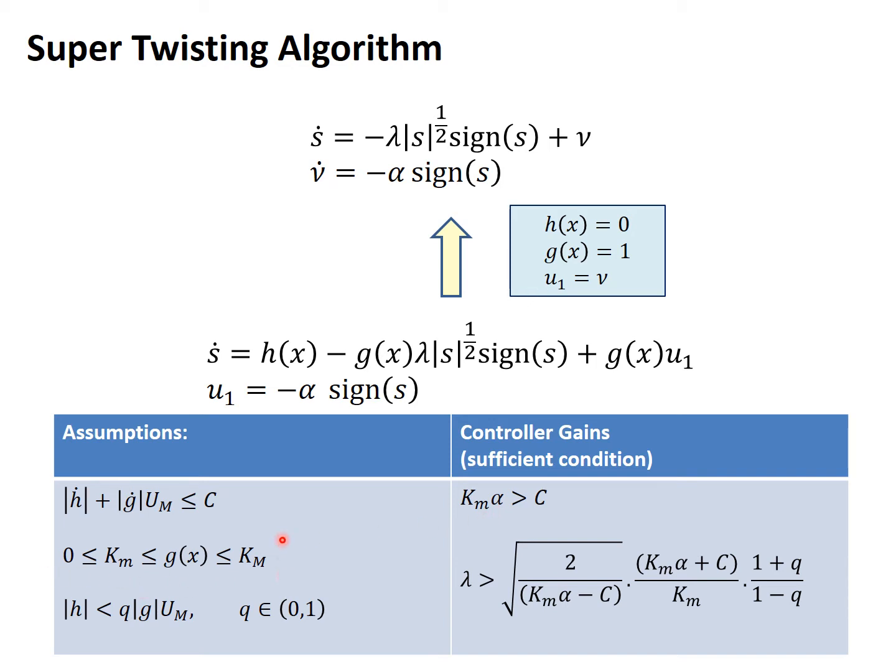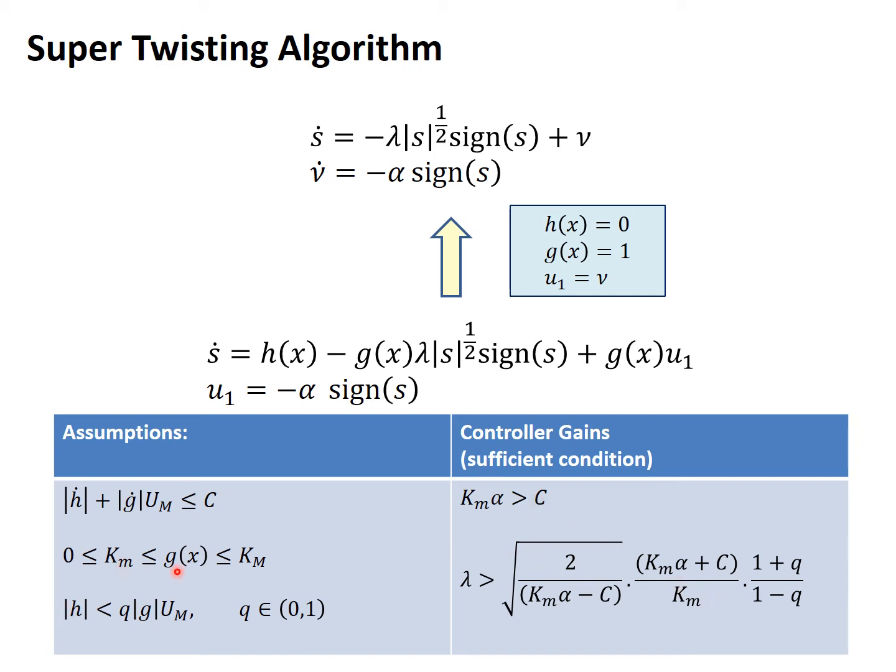Now Gx is 1, so k small m should be less than 1, and k capital M should be greater than 1, that's all. We are worried about k small m because that comes into the controller gain conditions.